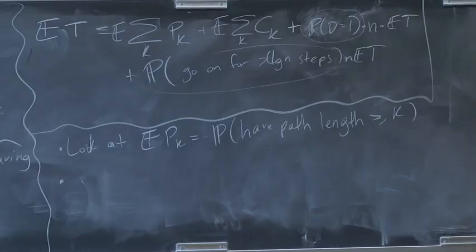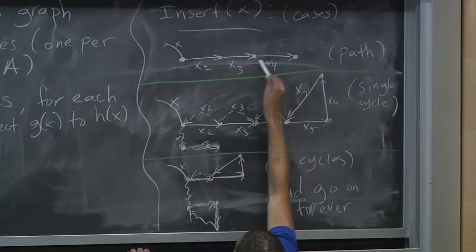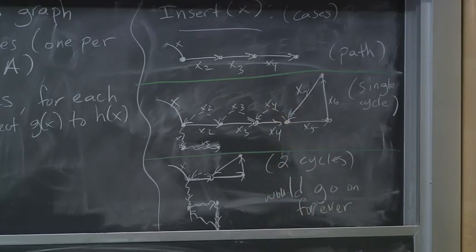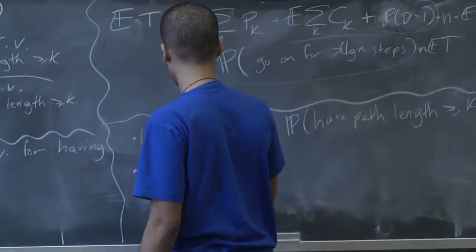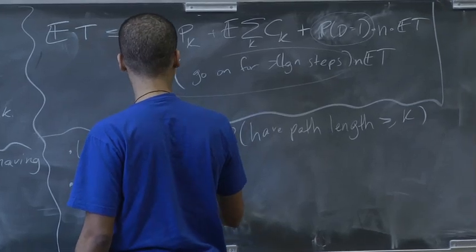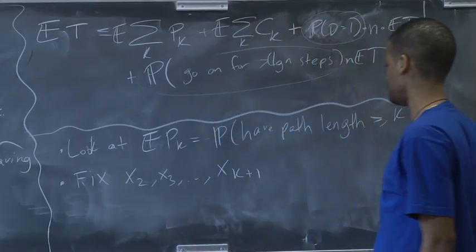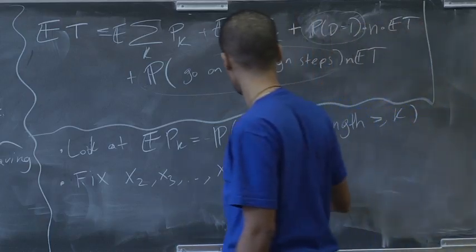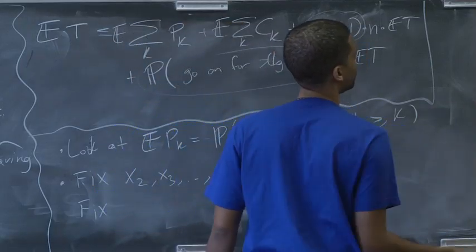What do I mean by path of length k? I mean that the number of edges here is 1, 2, 3. So here k is 3, just so that we're all on the same page. So fix x_2, x_3 up to x_{k+1}. Okay. Also, let's fix all the hash values.